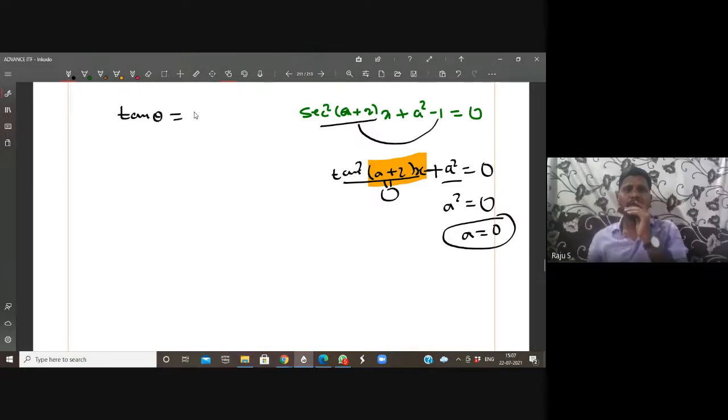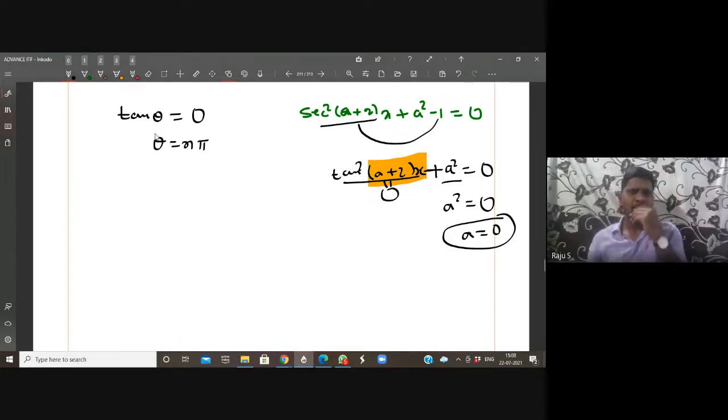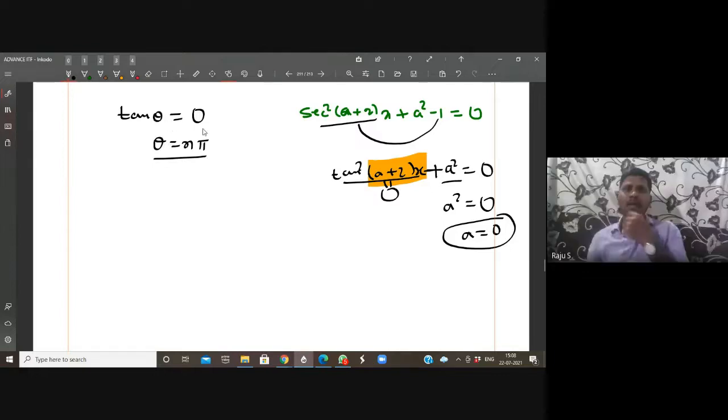Tan theta is equal to 0, then theta should be equal to n pi. Am I right? Tan 0 is 0, tan 180 is 0, tan 360 is 0. Tan square also, no problem. Tan square 0 is 0, tan square pi is 0.